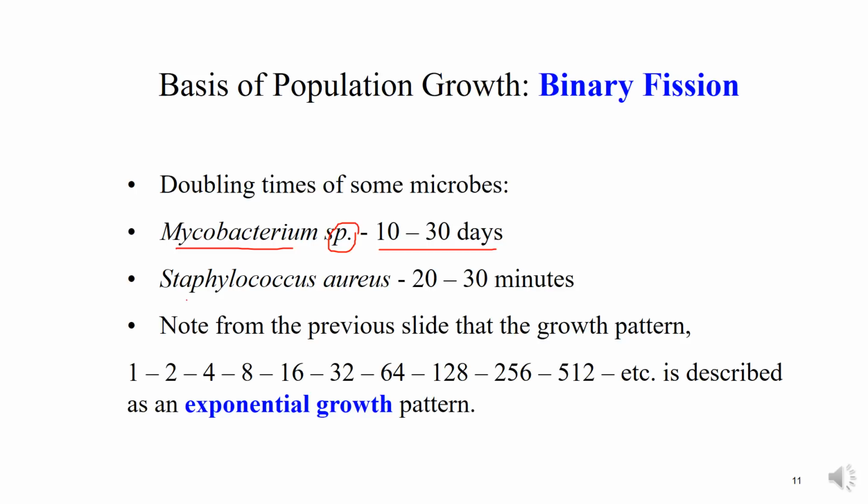Some bacteria like Staphylococcus aureus and E. coli have a much shorter generation time. For example, Staphylococcus aureus takes about 20 to 30 minutes to divide from a parent cell into two daughter cells.